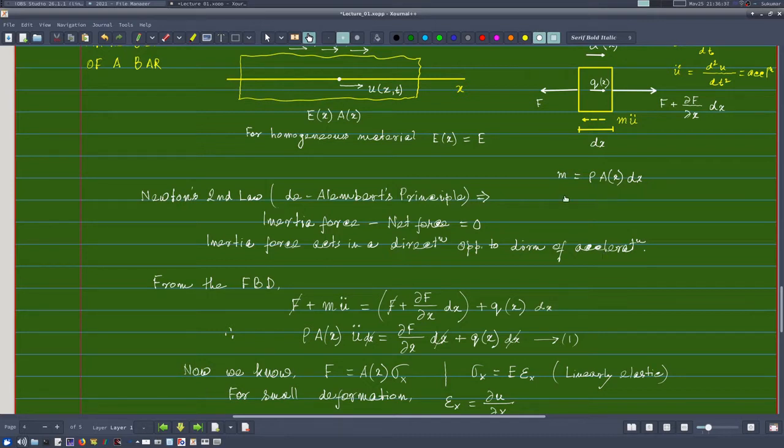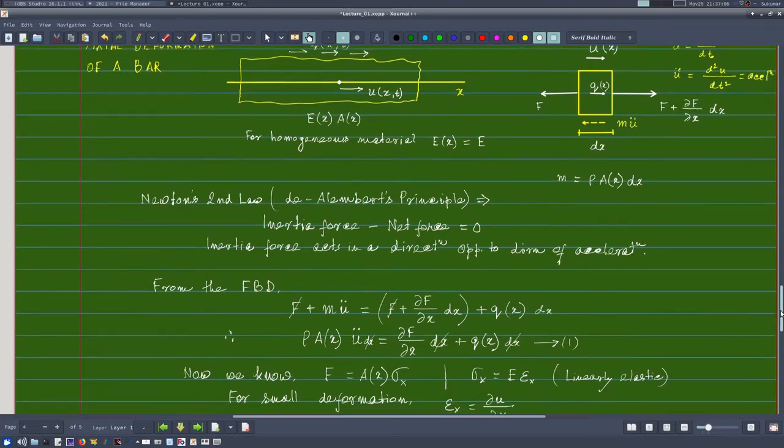Now I can find the mass of this element as rho times the volume, and volume is area times length. Therefore, rho A(x) dx is my mass. When I put those expressions in the equilibrium equation and simplify, I get rho A(x) u double dot equal to del F del x plus Q(x).